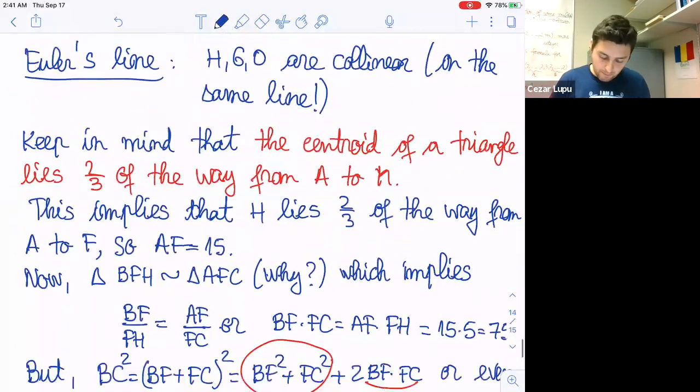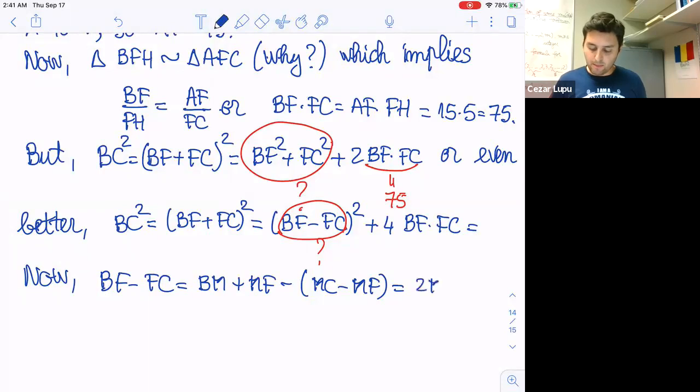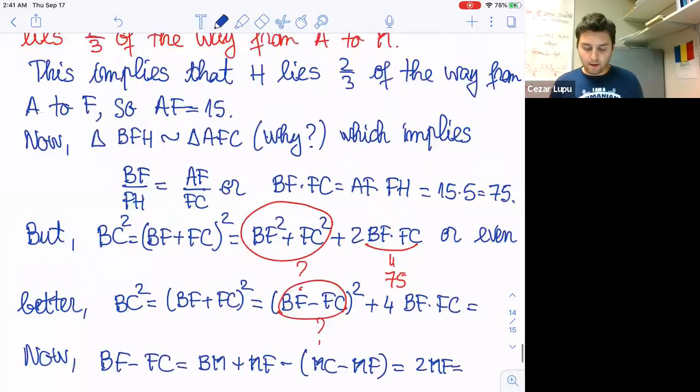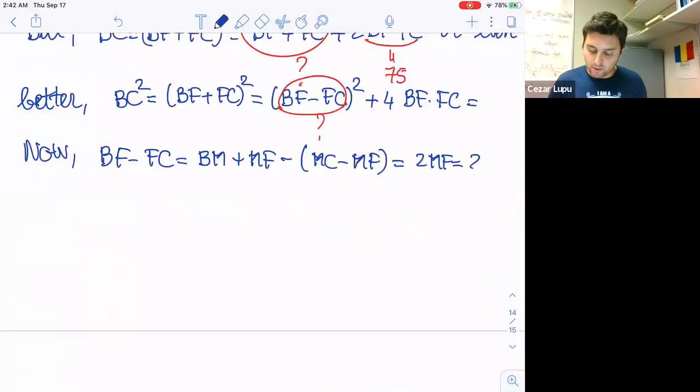Okay, it's easy, right? Minus, and now I'll have MC minus MF. Anyway, that's easy to see. And now guess what? This will be nothing else than just 2MF, and I know that MF is 11, so this will be 22. Wow, finally.